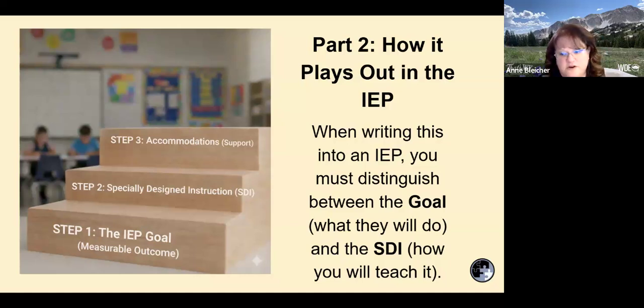So things like graphic organizers for sorting information, they may need extended time for the chunking process. Really, with all three of these areas that we're going to talk about today, a lot of times it's just going to be about teaching them how to use what's ultimately going to be accommodations in their IEP, but initially they require some specially designed instruction around that so that they know what to do with that.